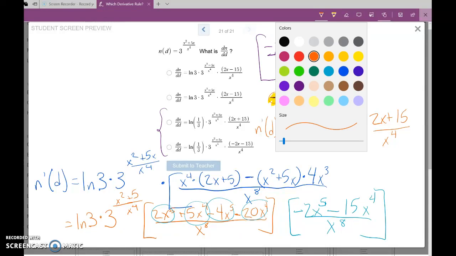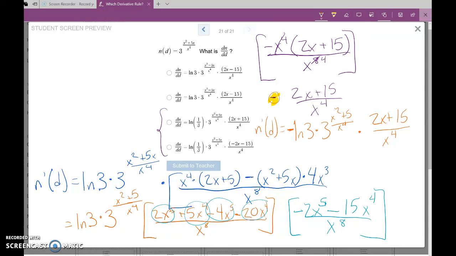So here's the tricky part: using log properties, this negative sign, I can bring it up into the exponent. So this is the same thing as natural log of 3 to the negative 1 times 3 to the x squared plus 5 over x to the 4th times 2x plus 15 over x to the 4th.